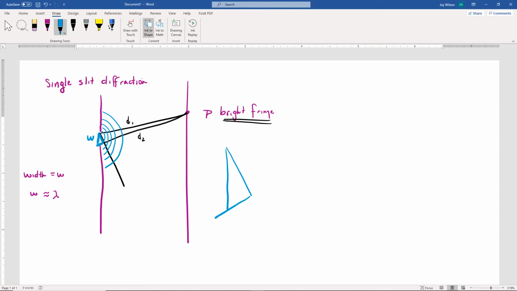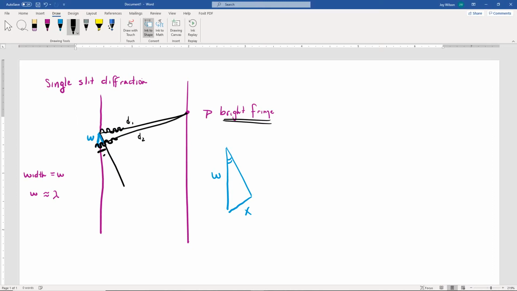Actually, I made that one a little bit too long. So what we have here is an angle, the width of the slit, and an extra path because our wave is going to continue. What I'm really looking at is, let me erase this for just a second. I'm going to take these off. The wave is doing something like this, and this wave is also doing something like this.